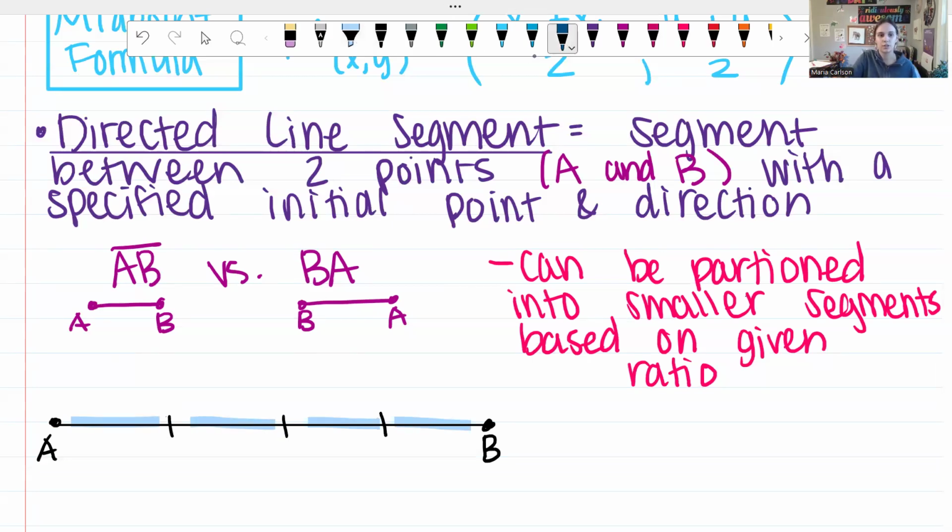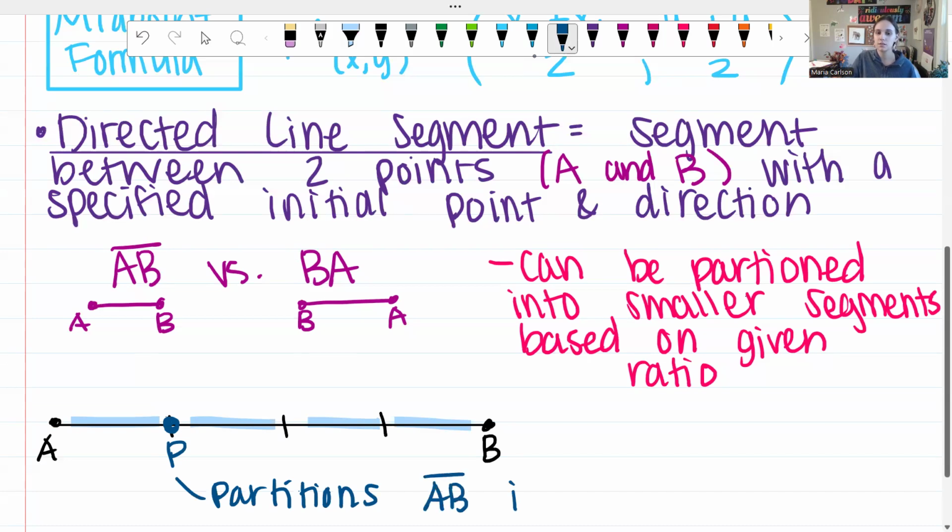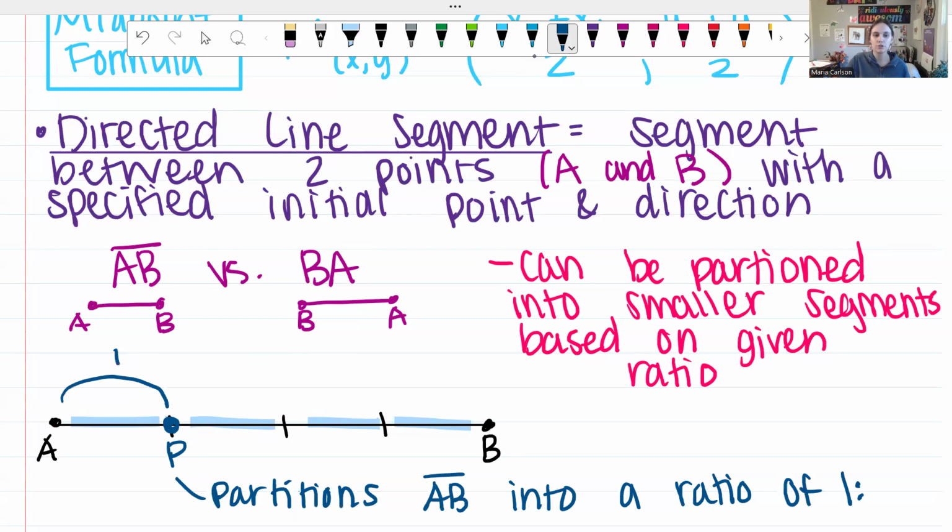And let's say I'm going to look at this point here, P. So point P partitions segment AB into a ratio of 1 part, because I have 1 part here to 3 on the other side. So point P partitions segment AB into a ratio of 1 to 3.